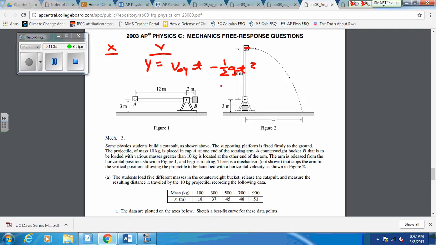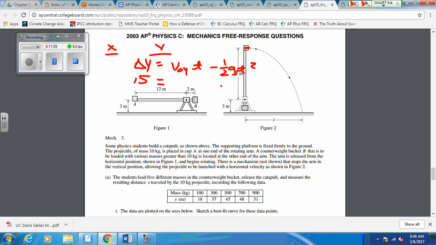Also, shouldn't this be delta y? Yeah. Or you could say y equals y0. Now let's see if we can fill in the details. What do you have? Delta y equals 15, because it's the 3 plus the 12.